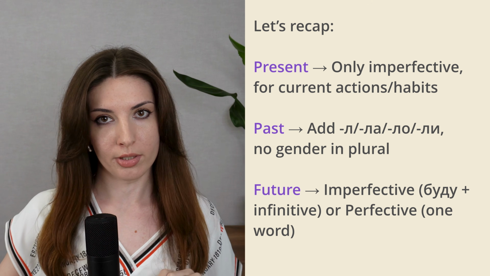Perfective, 1 word. Obviously, it looks super confusing, especially if you just started learning Russian, but that's a good base that you can use when you need to conjugate every verb. As you already understood, the most important thing here when we conjugate our verbs is to know which one is imperfective, which one is perfective.